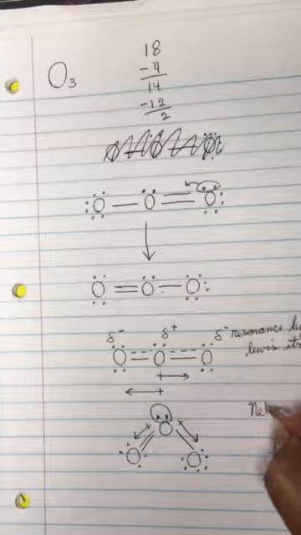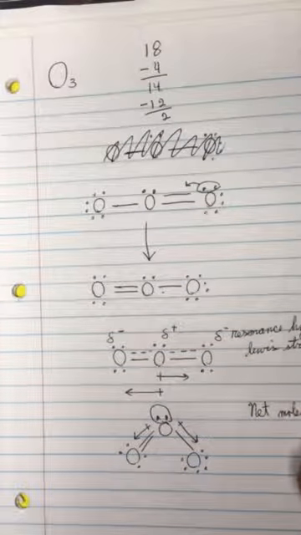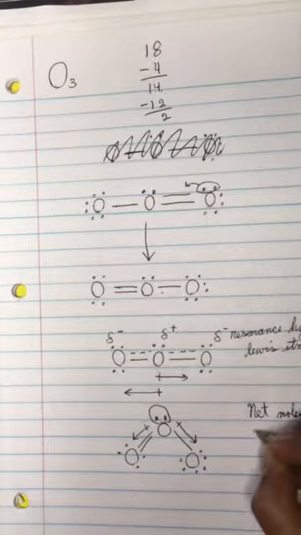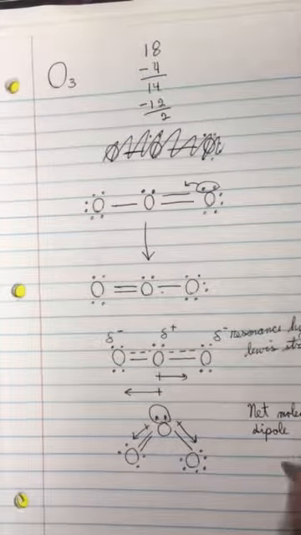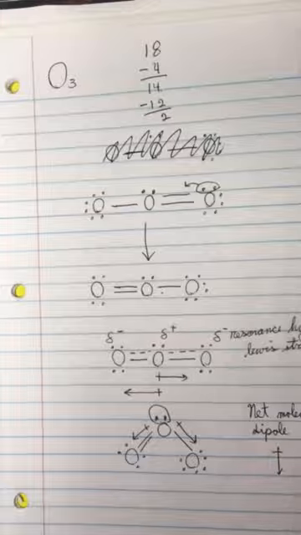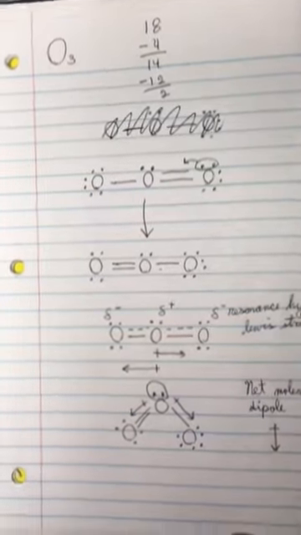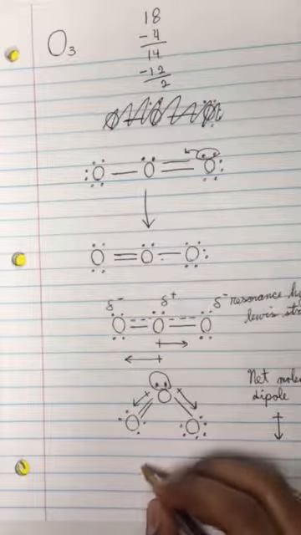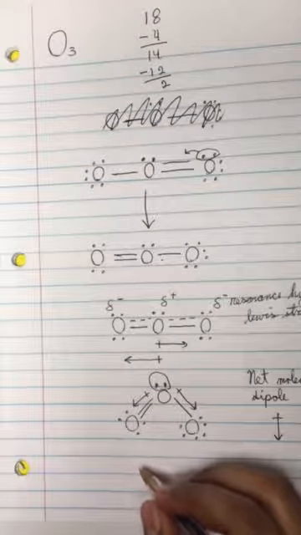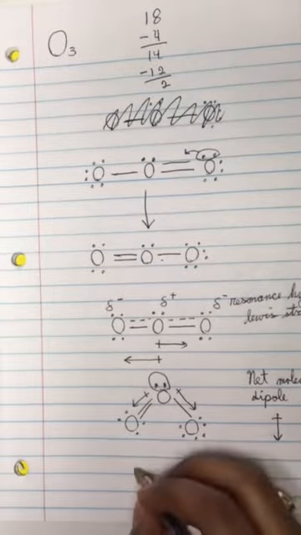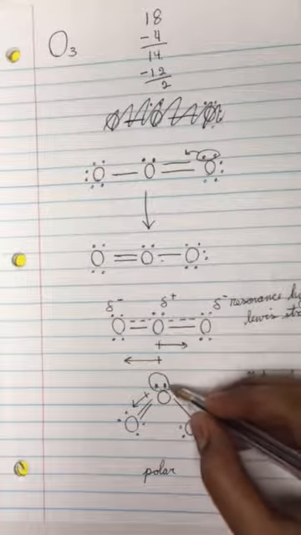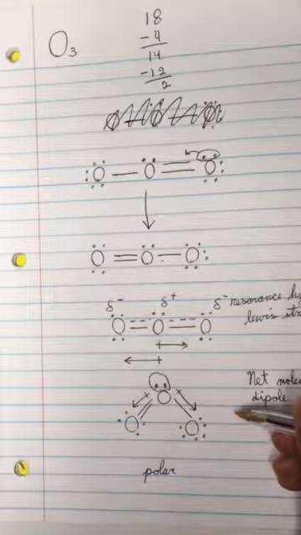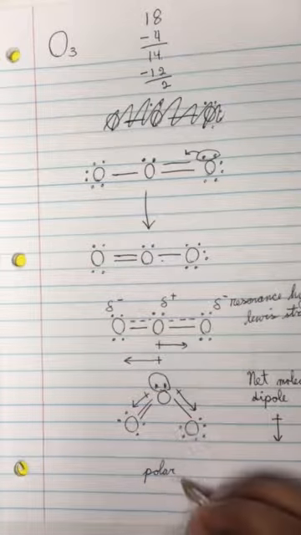And this creates a net molecular dipole that goes downwards, which means that this molecule, O3, or ozone, is polar because it has one pair of unpaired electrons.